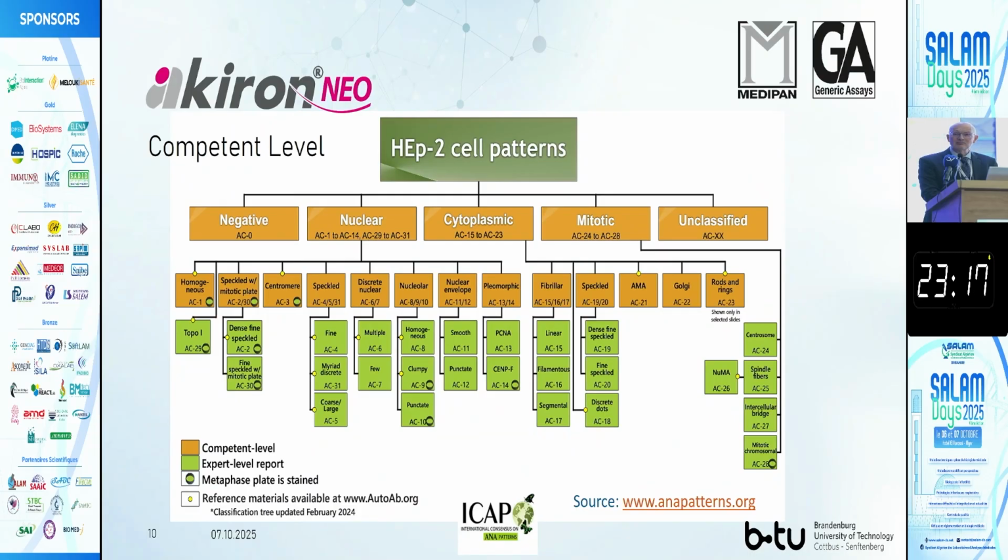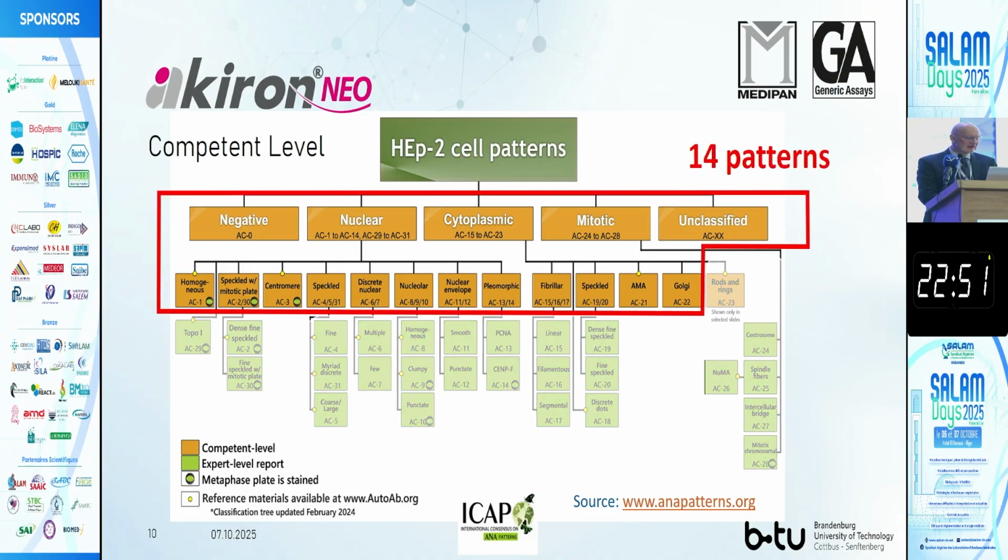That is important in order to do a high quality interpretation of ANA in accordance with the new classification, the ICAP classification. I think everybody in this room is aware of this international consensus on ANA patterns. We have two levels, the competent level as well as the expert level.